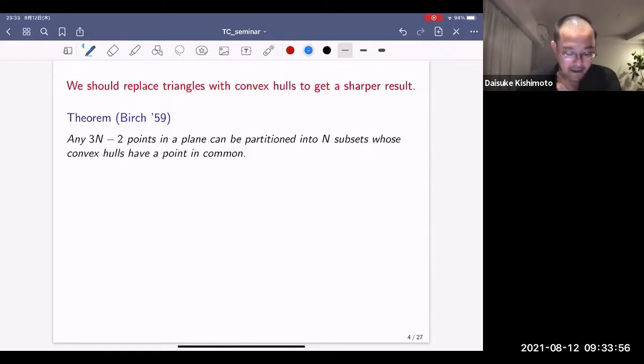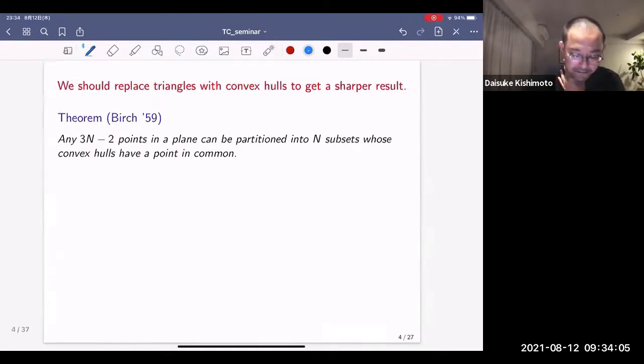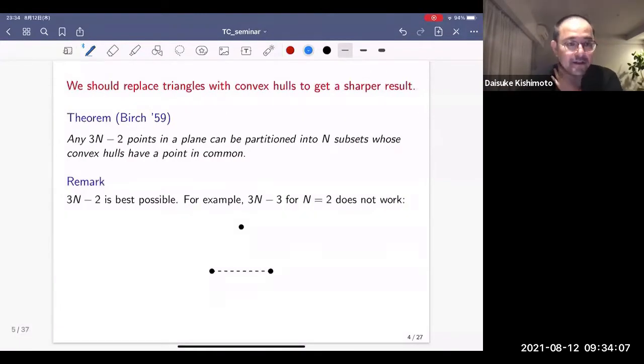Right. So this is sharper than the former result because we have 3n minus 2 points in a plane. And actually, the number 3n minus 2 is best possible. For example, 3n minus 3 for n being 2 does not work.